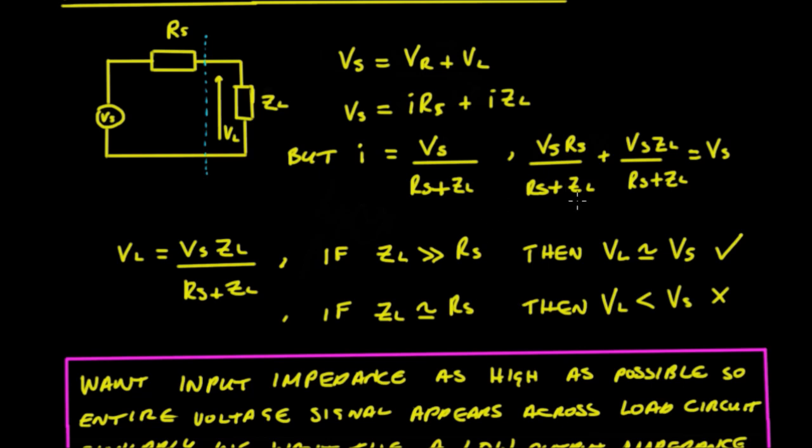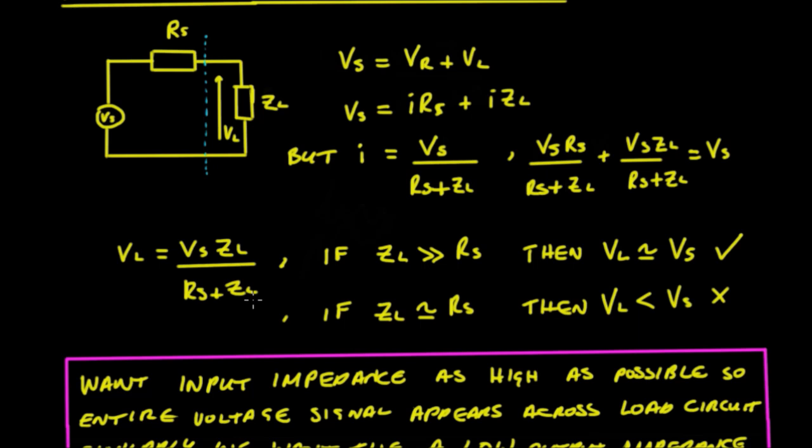So we can see then that the voltage across this load is given by this term, which is equal to Vs times ZL upon Rs plus ZL. We're really just saying that this load resistor takes a fraction of the total voltage, and this resistor takes a fraction of the total voltage, in this format, ZL upon Rs plus ZL.